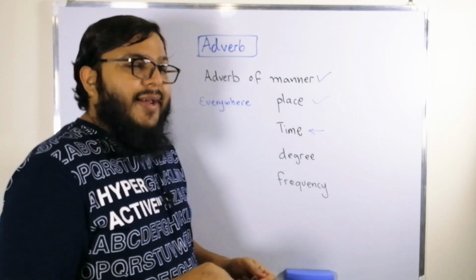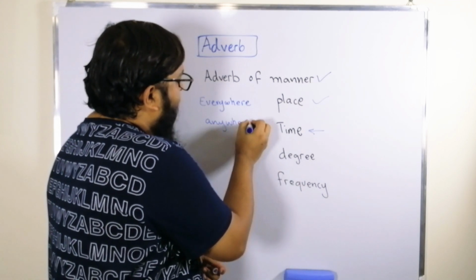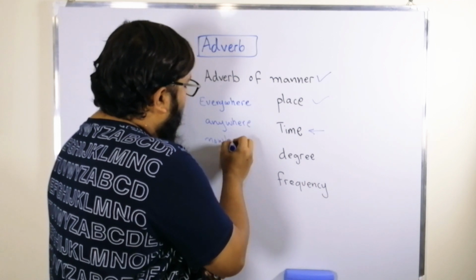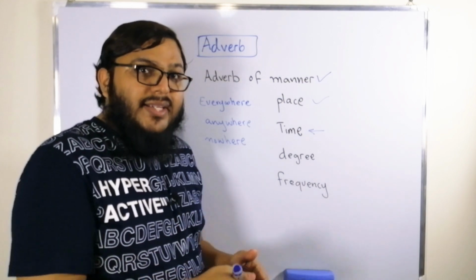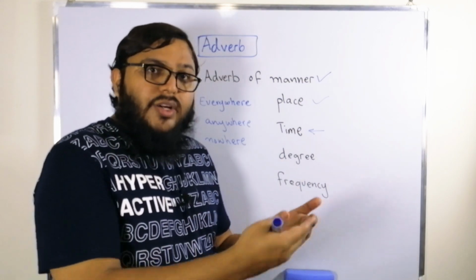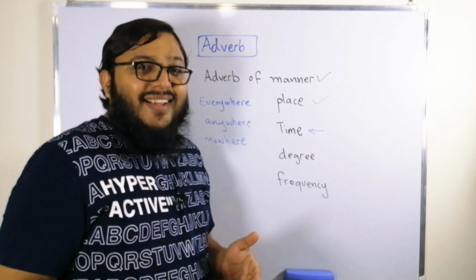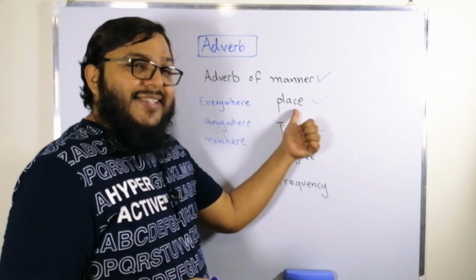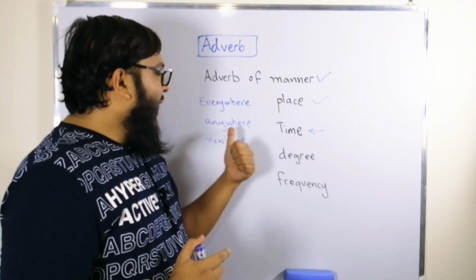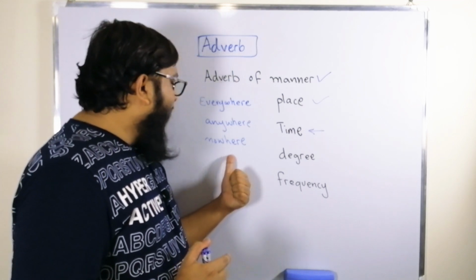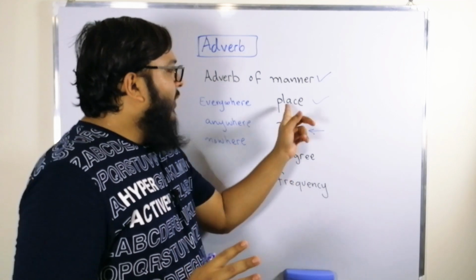So everywhere, anywhere, nowhere are all talking about the action being placed somewhere in a place. Even somewhere is an adverb of place. So here, there, everywhere, anywhere, nowhere, somewhere, all these words are adverbs of place.